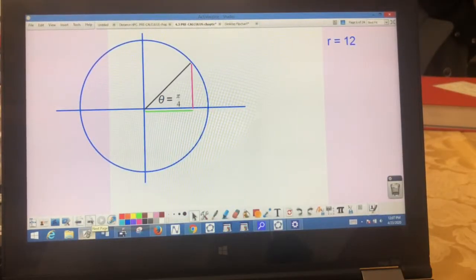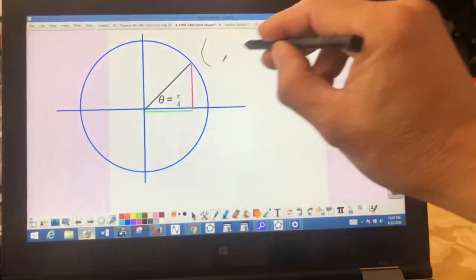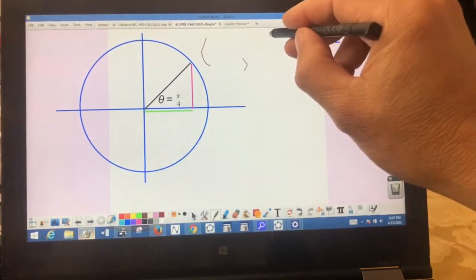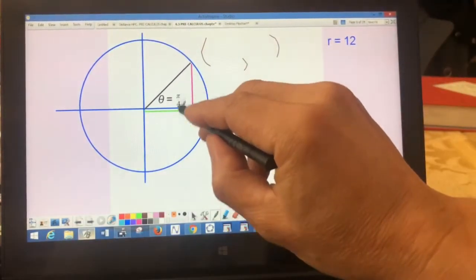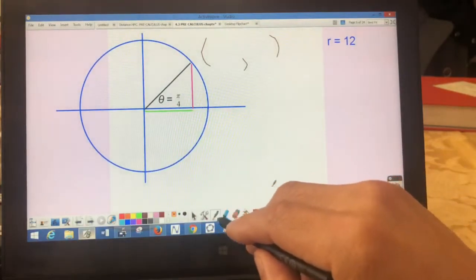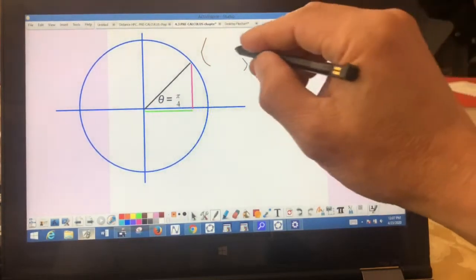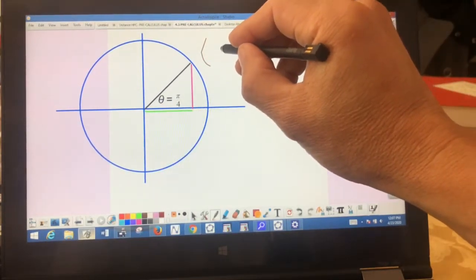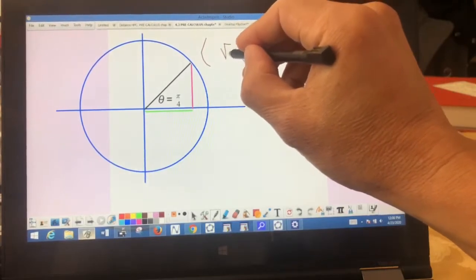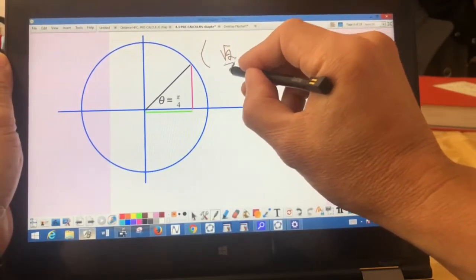All right, so here we go. What would be this coordinate point here? Just a quick example. Right now I have the angle being pi over 4. So from my unit circle, what is the sine and cosine of pi over 4? Quickly remember that. This would be root 2 over 2 on the cosine part.